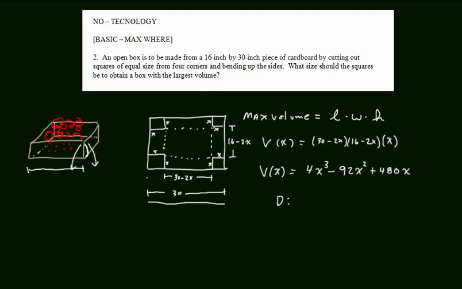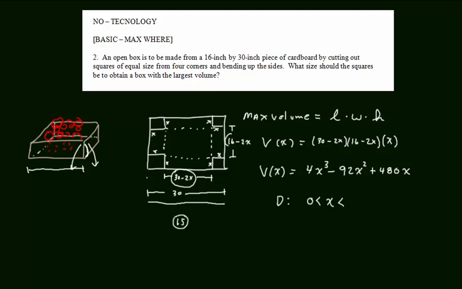Well, what size can x be? Clearly x has to be bigger than 0. Then we want to look at the sides. For this side here, 15 would be the largest it could be, because at 15.1 or 16 we have a negative side. So we know we have to be less than 15.